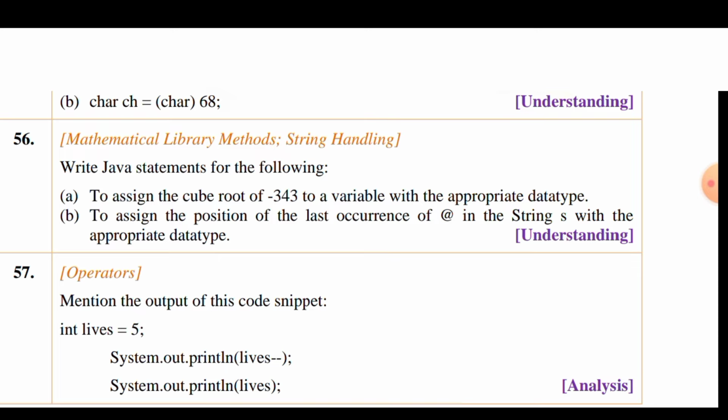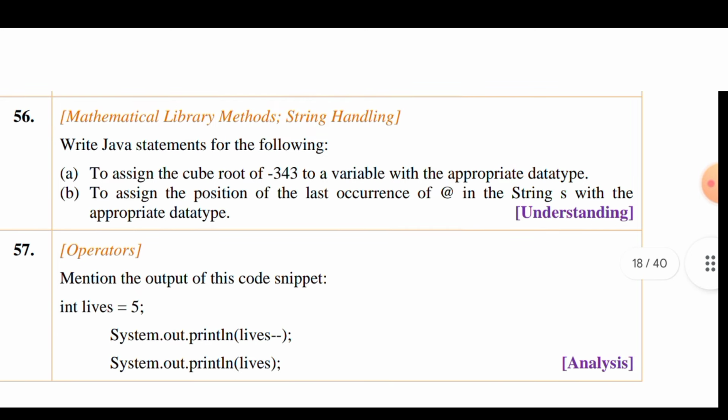It's quite simple. Since we have to assign the cube root of minus 343, and the return type of the cbrt method is double, we need a double variable, and we can give it any name.